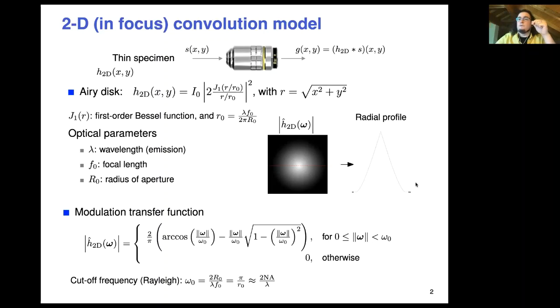If you look at it radially, this is the autocorrelation between two square pulses, so it's roughly triangular. Obviously, since now it's 2D, it gets harder. What ends up being characteristic about the whole system is the cutoff frequency of the transfer function, which comes from a ratio between the radius of this aperture and how far the focal plane you're focusing on is.